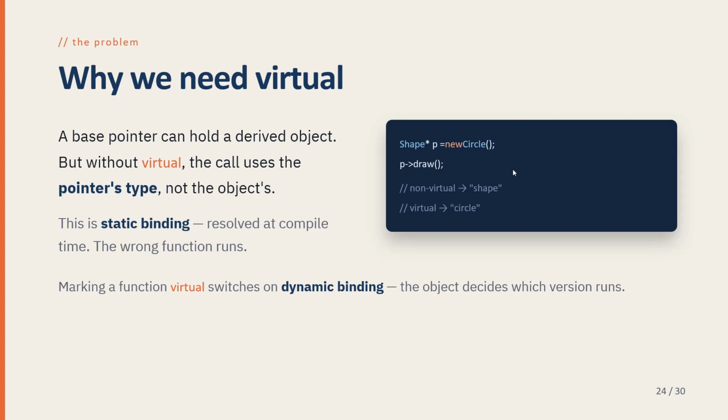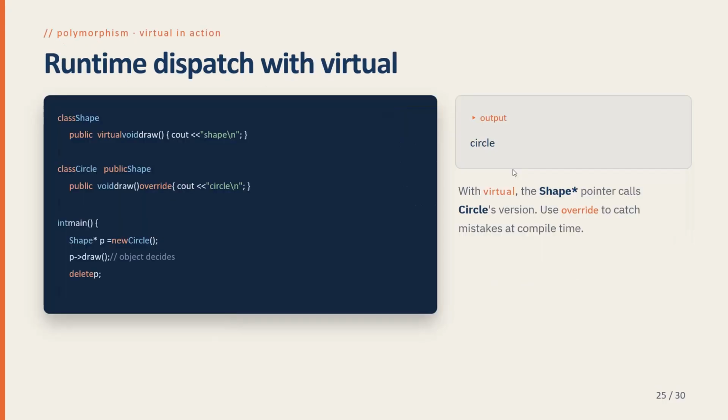This is called static binding. But if we declare the function as virtual void draw, something like this, then C++ performs dynamic binding. So these are the two types of binding: static binding and dynamic binding.